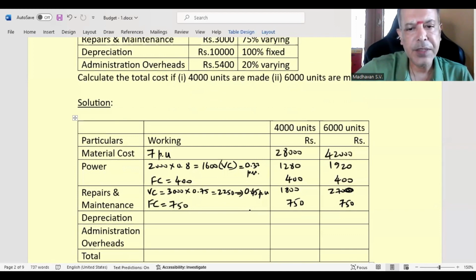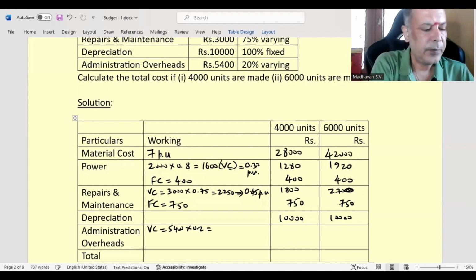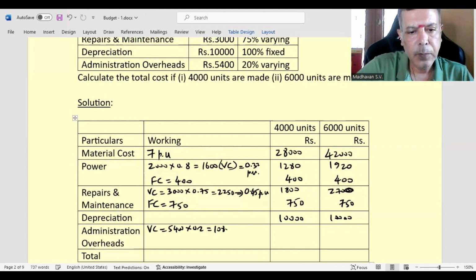Depreciation, they say 100% fixed. So straight away we can say rupees 10,000 here also, rupees 10,000 here also. Then admin overheads, they say 20% varying. So variable cost is 5,400 into 0.2. We get 1,080, which means per unit it will be 0.216.